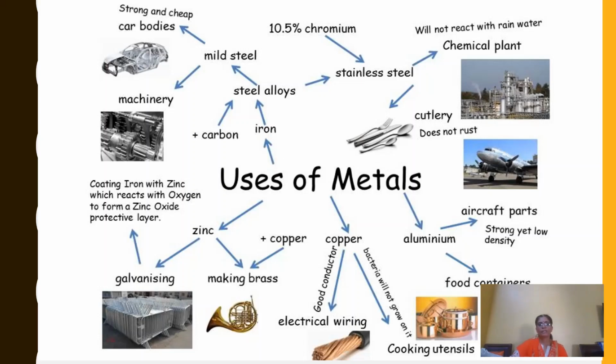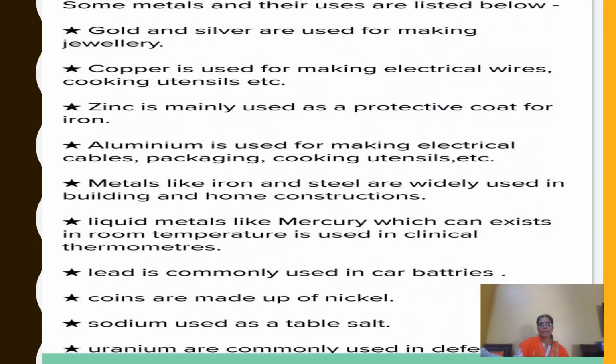For example, metals are used in industries, automobiles, car engines, car parts, machineries, musical instruments, cooking utensils, conducting wires, etc. Now we'll see the uses of metals one by one.